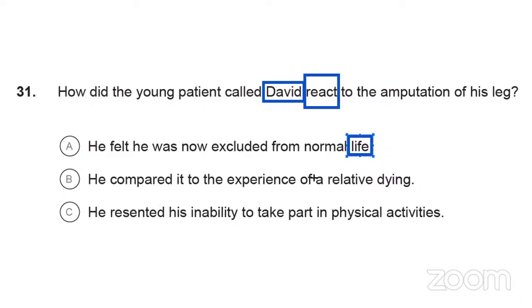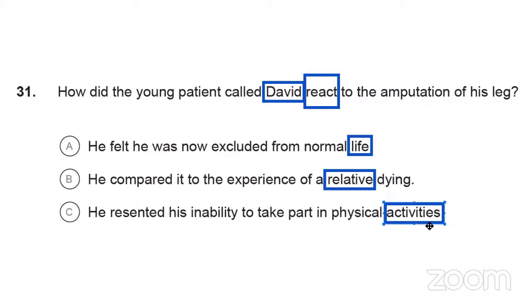And second one, he compared it to the experience of a relative dying. Is he relating to a relative's death? Relative in the family and his death. He resented his inability to take part in physical activities. So this is related to activities.